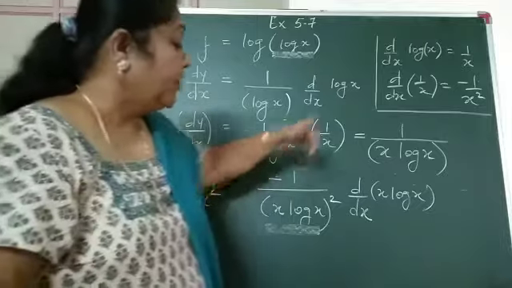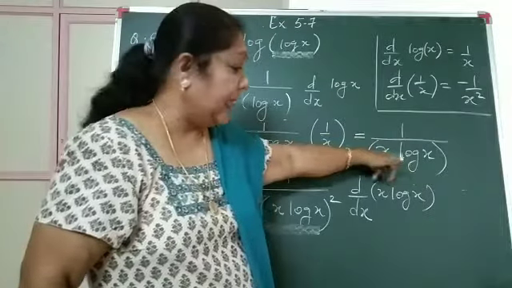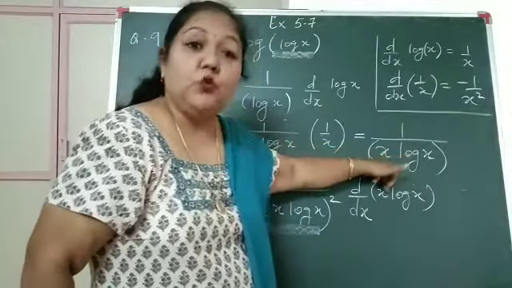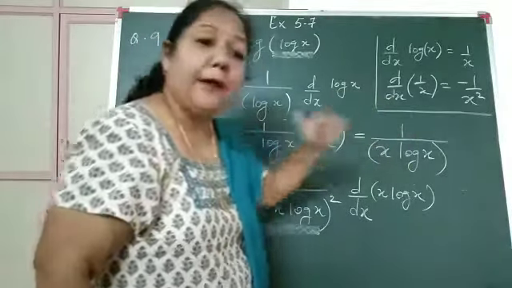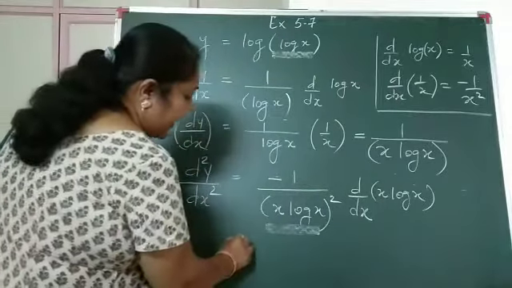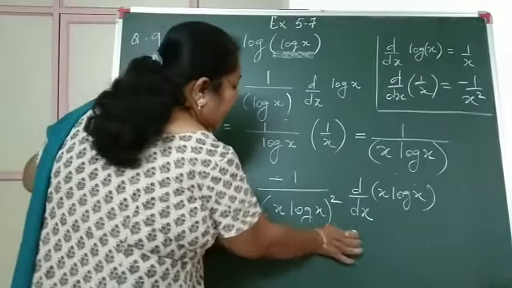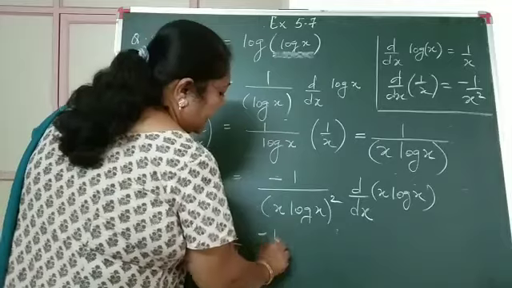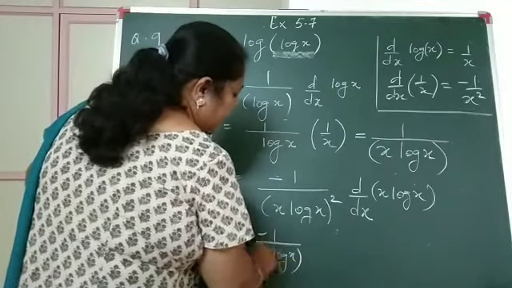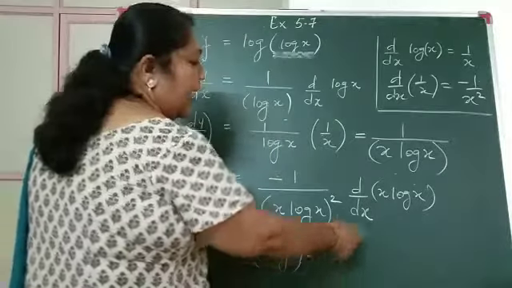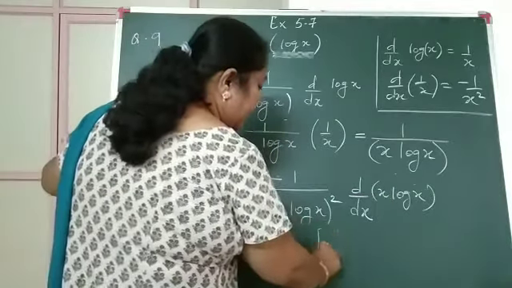Now, when I want to differentiate that bracket again, the bracket contains two terms, so I have to apply the product rule to the bracket. Therefore, in my next step I will have minus 1 upon x log x the whole square, and differentiate this by the product rule.